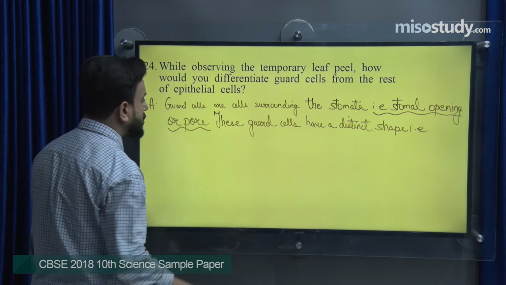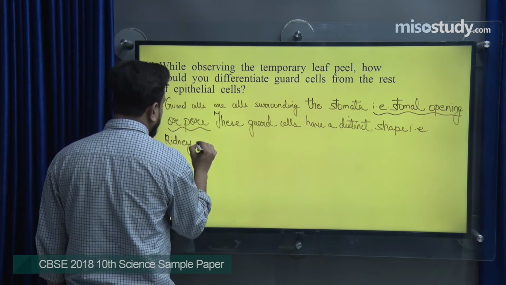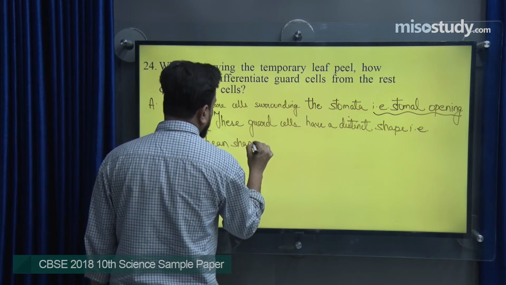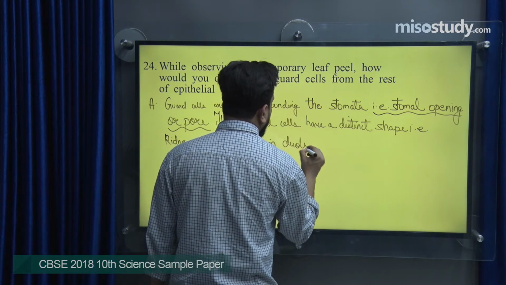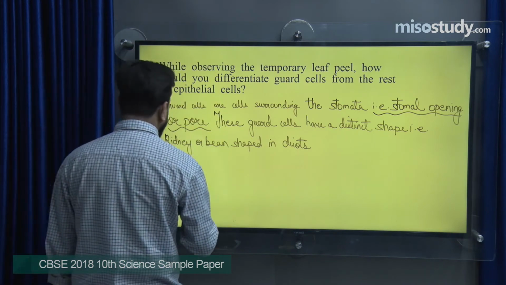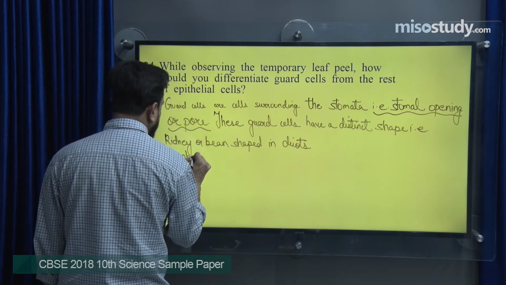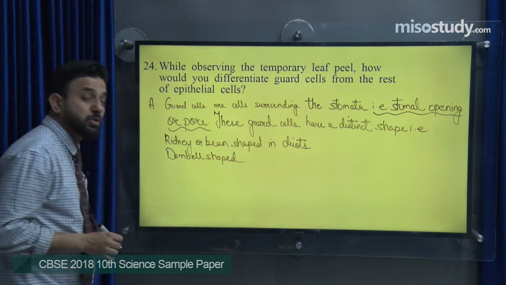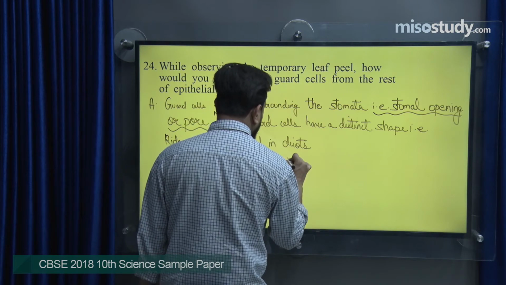They are kidney shaped, kidney or bean shaped in dicots. Okay, you know what are dicots? Those seeds which have two cotyledons are called as dicots, and these are dumbbell shaped. Okay, dumbbell, you know what is a dumbbell? Ask a gym freak and he will tell you what is a dumbbell. Dumbbell shaped in monocots.